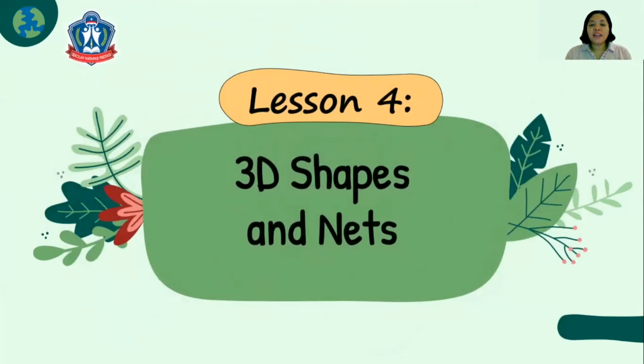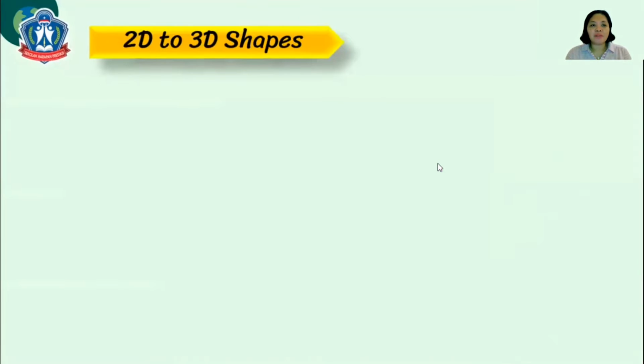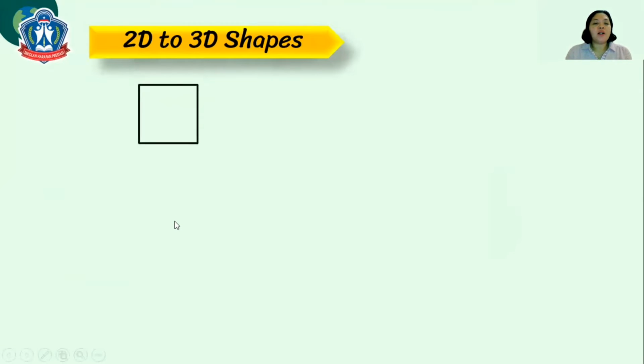Now let's go to lesson 4, 3D shapes and nets. Do you still remember the 3D shapes that you have learned from your Math 3 class? And also their nets. Nets, children, is what it looks like when we open a 3D shape flat. So let's study about 2D to 3D shapes.